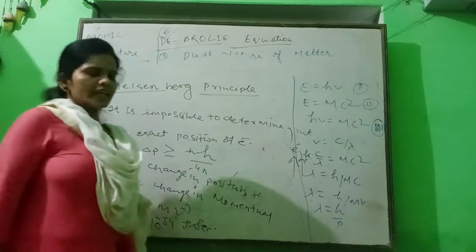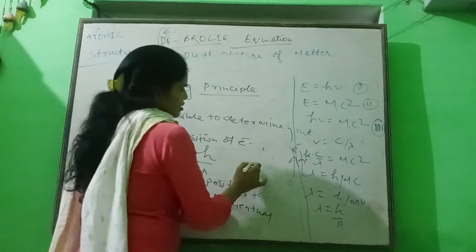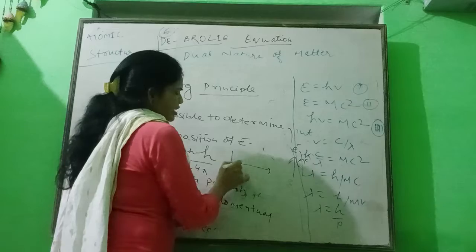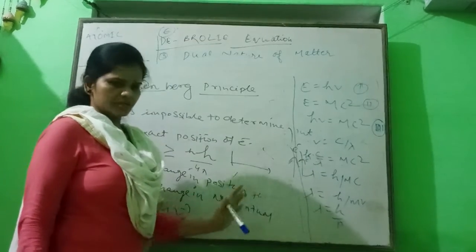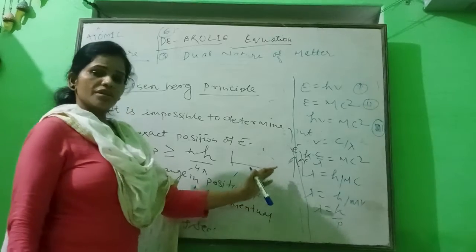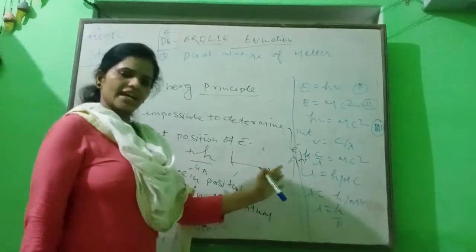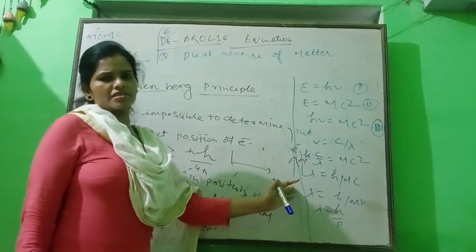If you draw a graph, you will find a single axis has only the position of the electron or the momentum of the electron. The values of p and x cannot be determined on the same axis.